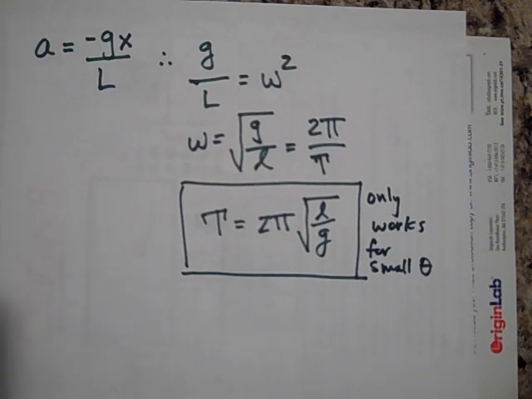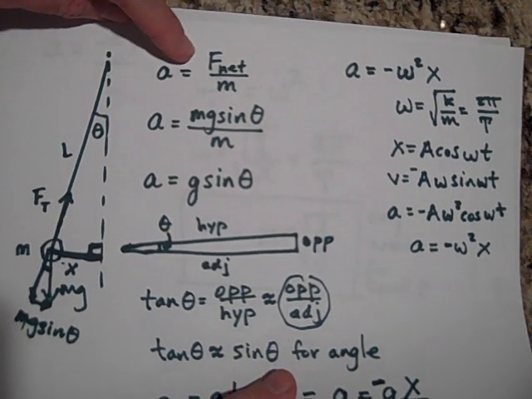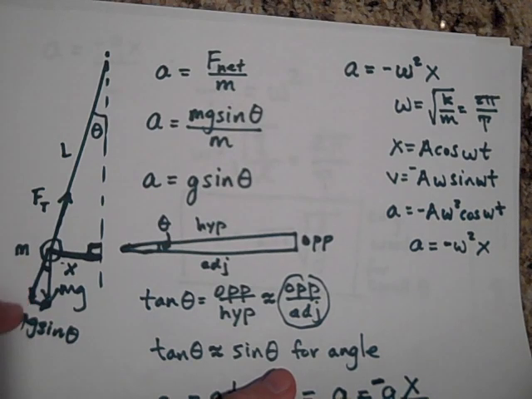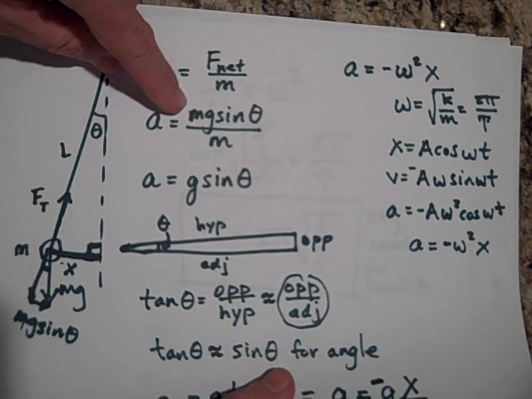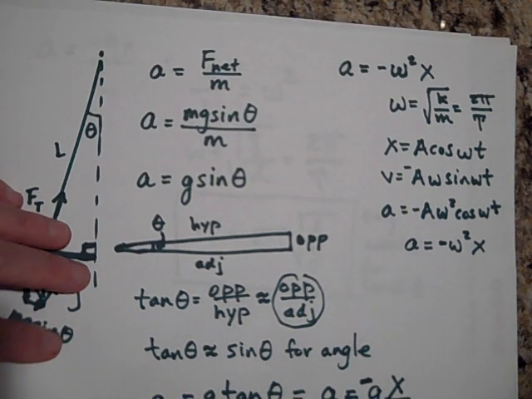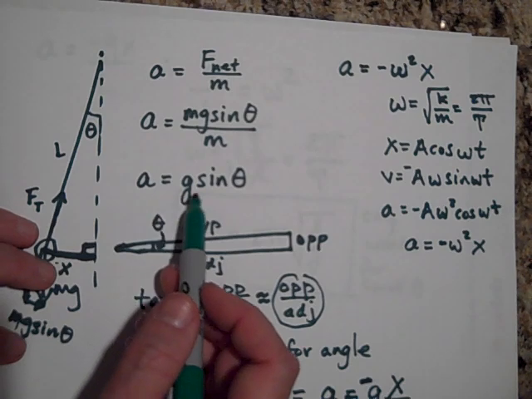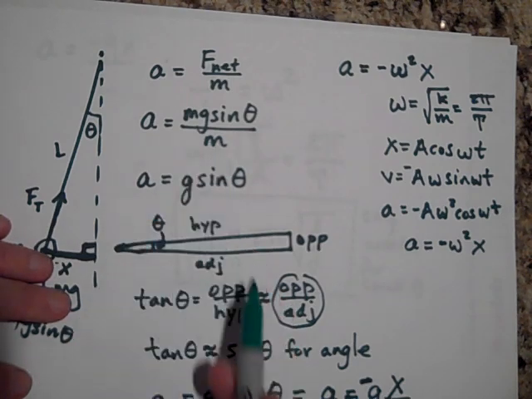It's an approximation. Okay? So what did we do there? We used Newton's second law. The net force in the x direction is mg sine of theta over m. And then you would just say A equals g sine of theta, because the m's cancel.